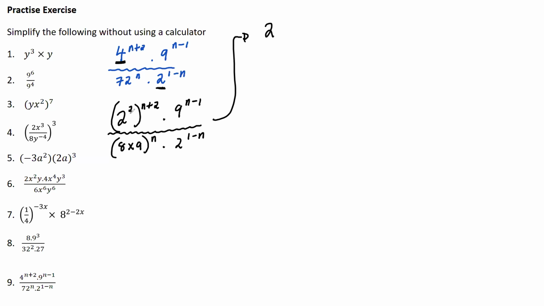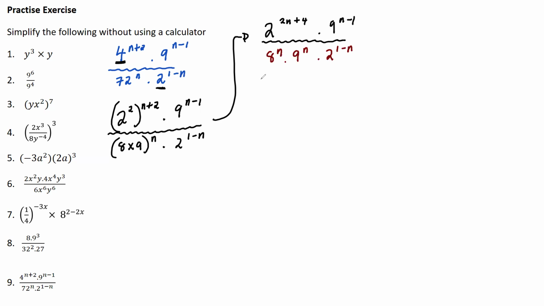It's 2, then 2 times n is 2n, then 2 times 2, that's a plus 4. I still have my 9 untouched, unchanged. And using one of the laws I used in the previous question, the 8 then goes with the power n, much as the 9, which I wanted, with the power n. And I still have my 2 at the bottom, 1 minus n.